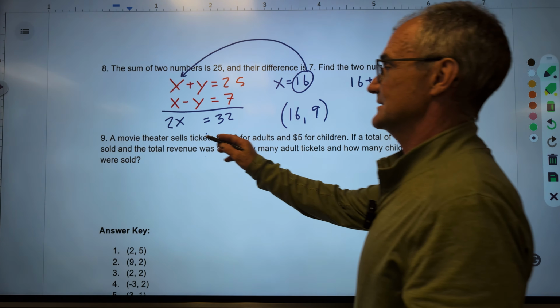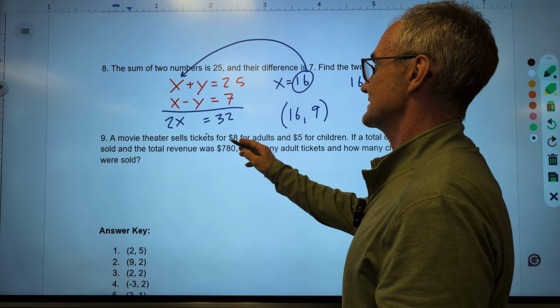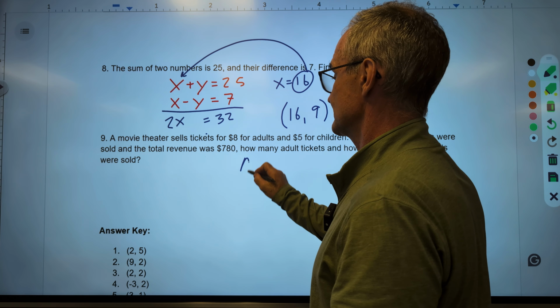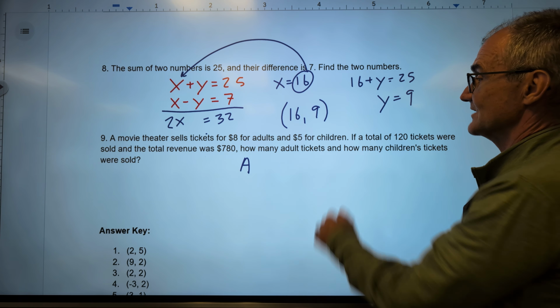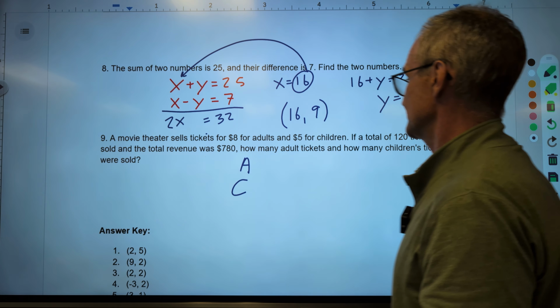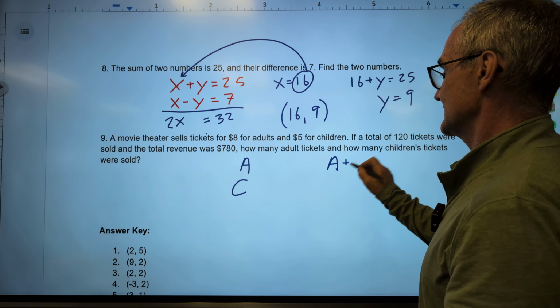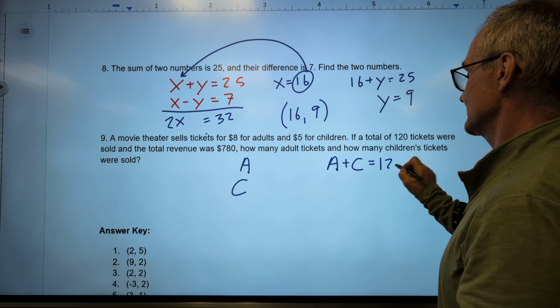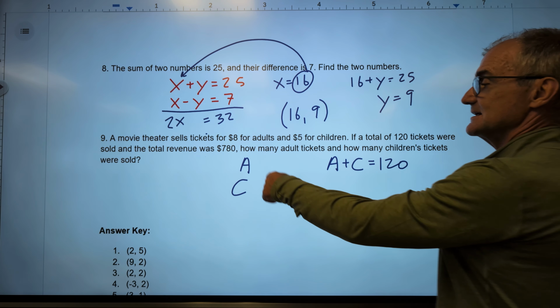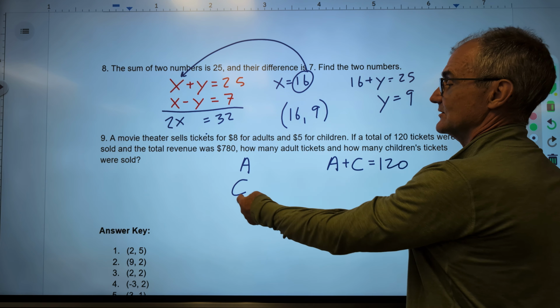Last problem, number 9 right here. A movie theater sells tickets for $8 for adults, so I have adult, and $5 for children. So I'm going to call A adults, C children. The total of 120 tickets, that means A plus C has to be equal to 120. A is the number of adult tickets, C the number of children tickets.